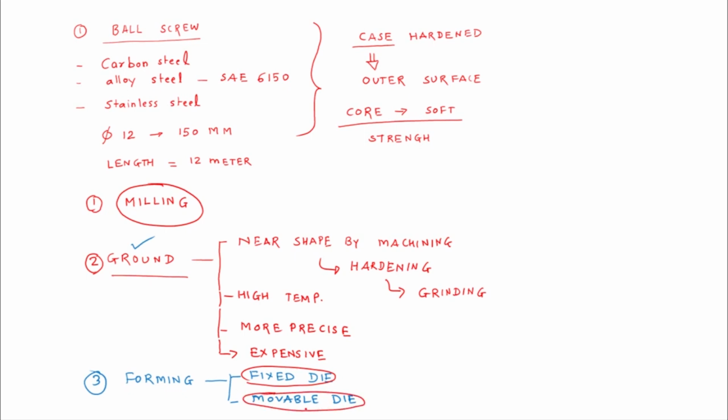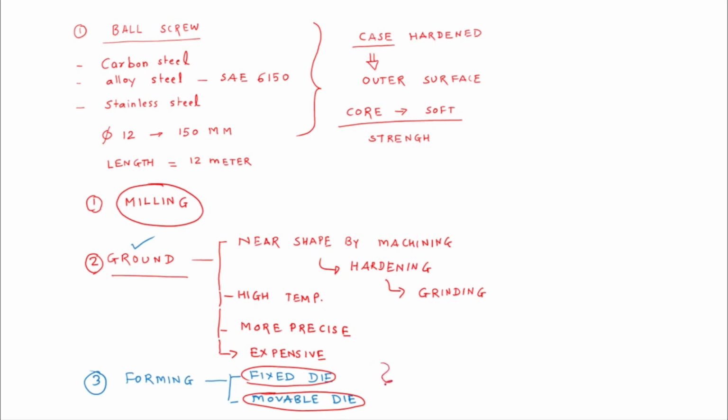We have a relative motion of the circular rod with the fixed die and the movable die. The rod is held in between the fixed die and the movable die. As the movable die is moving, the rod will be compressed, and it will be deformed according to the shape of the groove that is made on these dies.